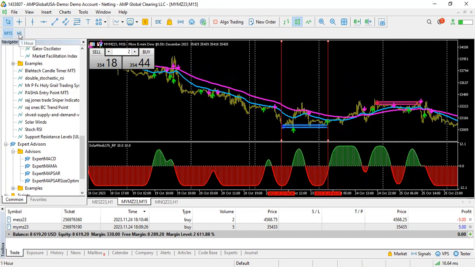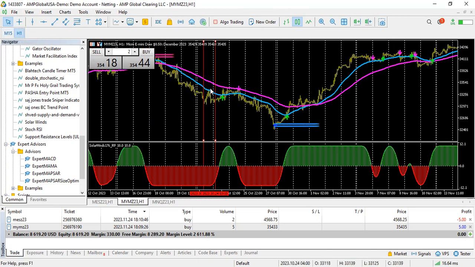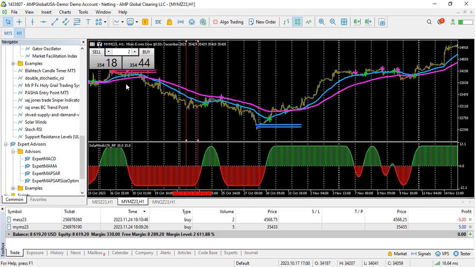So the market is still going down. This is 1 day, 2 days, 3 days, 4 days, 5 days, 6 days, 7 days, 8 days, 9 days. And then we got a support here 9 days into your trading. The market has been going down for 9 days. All these separations here are the days.